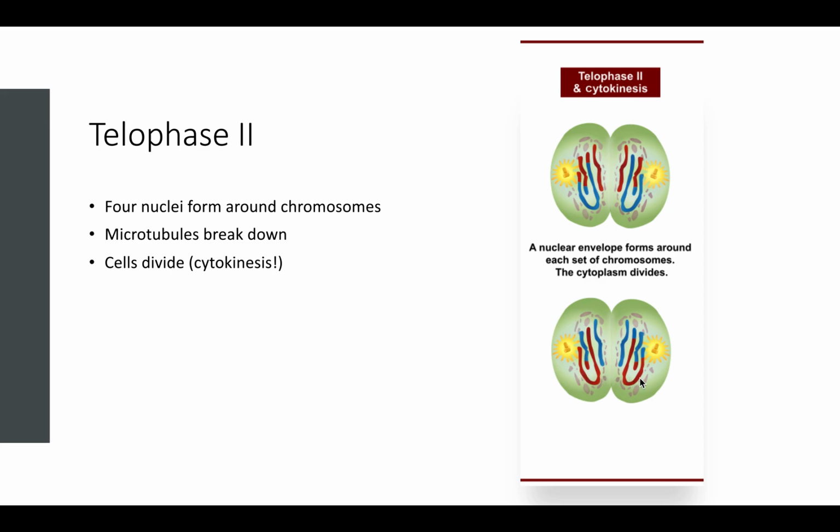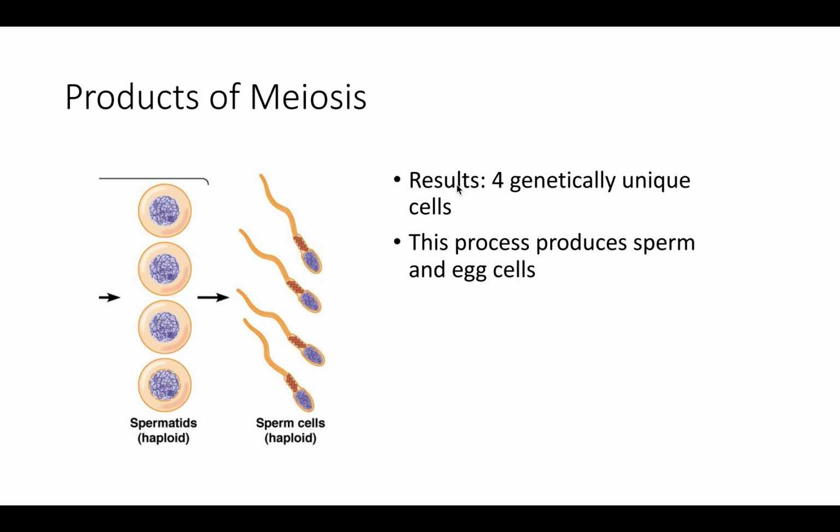And those nuclei kind of wrap themselves around the chromosomes to protect them and make sure they're nice and safe, all right? That microtubule rope starts to break down and kind of disappear. The centrioles start to disappear, and both sets of cells start to undergo cytokinesis. Okay, so they kind of just split right down the middle, and we have 4 new cells. Okay, so this is the product of meiosis.